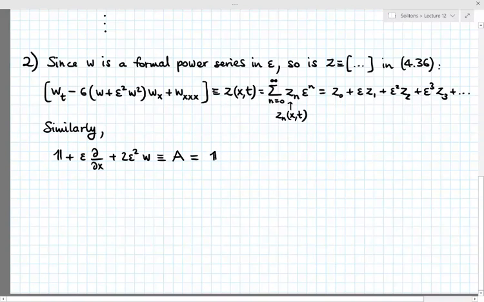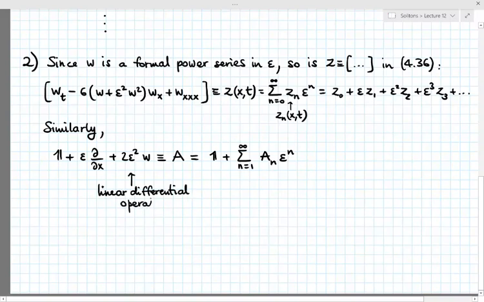So I'll write that out in front, and then we'll have a series sum n from 1 to infinity a n epsilon to the n, where the important point here is that a is a linear differential operator, and here boldface 1 is the identity operator.